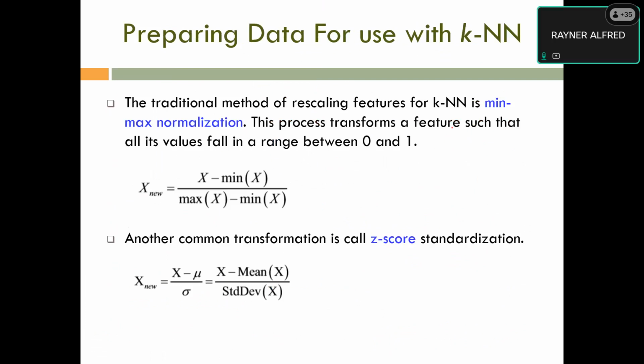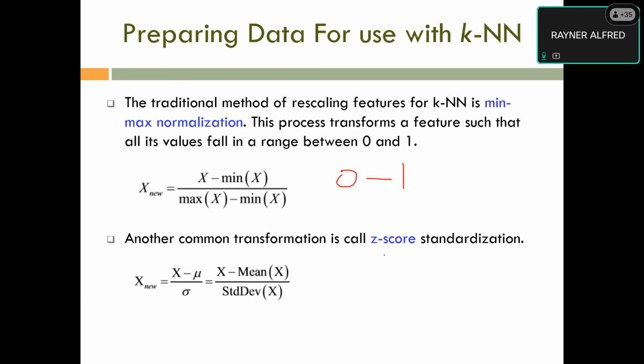Okay, so for that we can use min max. Min max basically finds the min of that particular column and the max, and then the range will be from 0 to 1 after you normalize them. So each of your columns or features will only have values between 0 and 1.